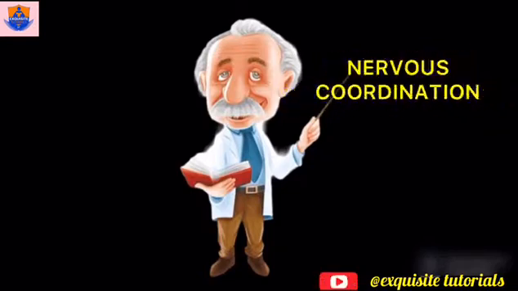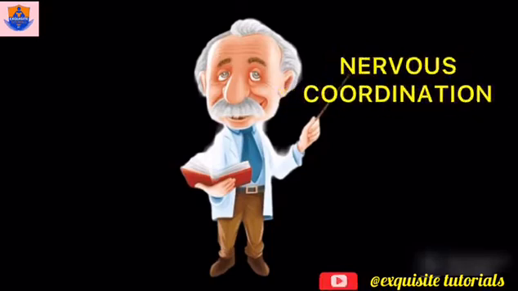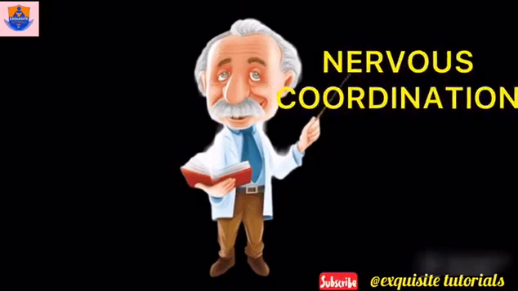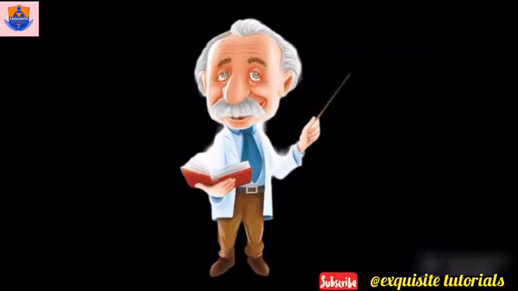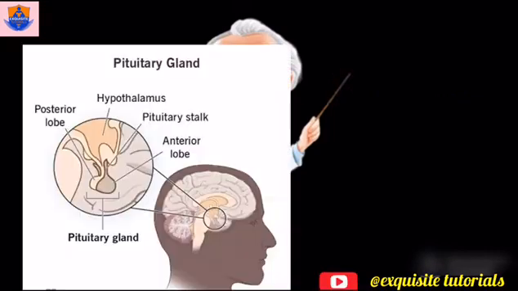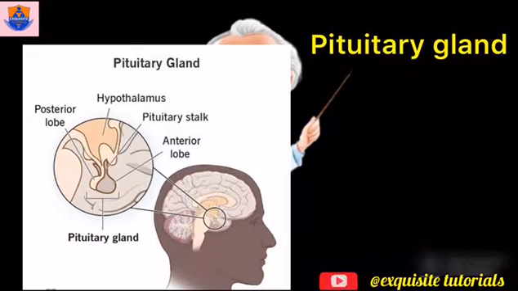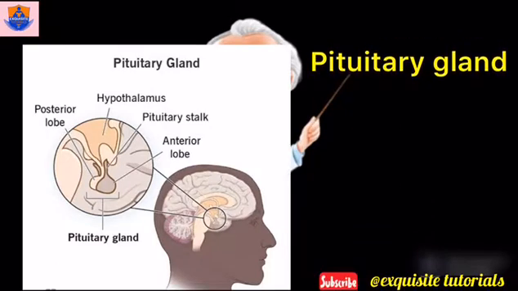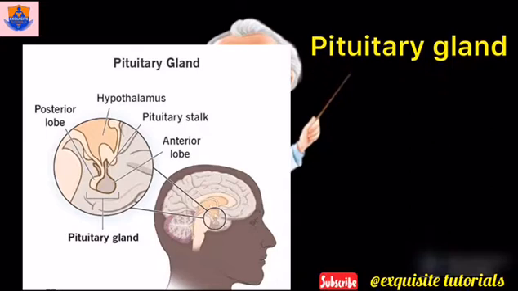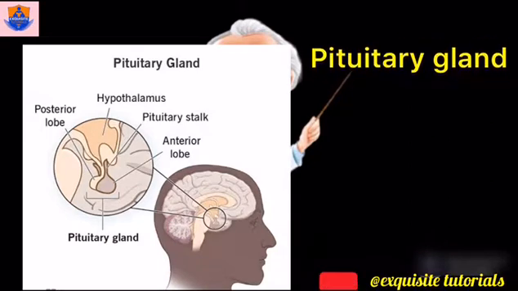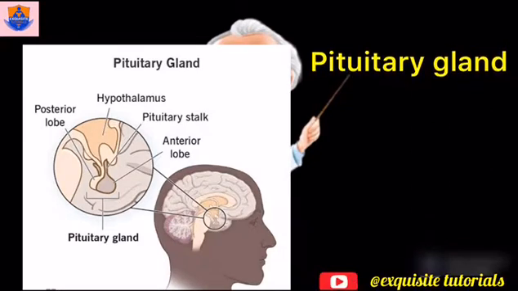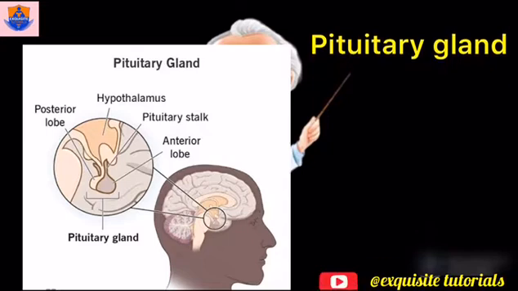When the secretion is diffused into the blood, it circulates all over the body, taking the hormones to their target organs. Another term we need to understand is the pituitary gland, also called the master gland, located at the base of the brain.